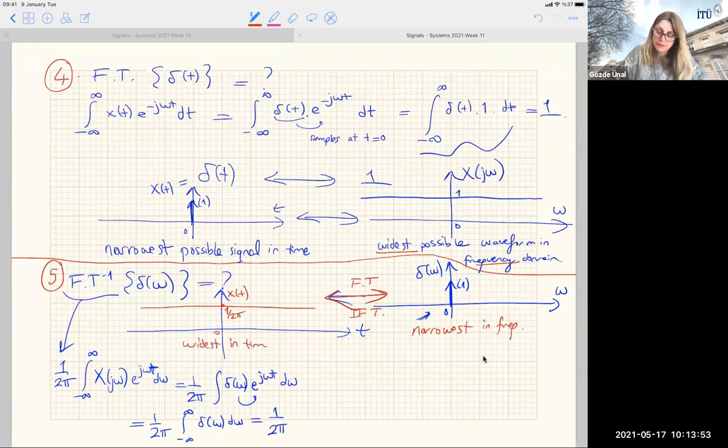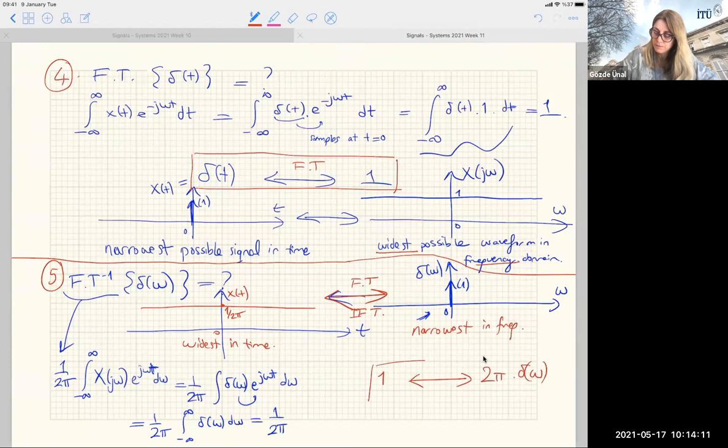Okay? So now another relation: 1 in time domain goes to 2 pi times delta omega in frequency domain. Okay? This is time. This is frequency.